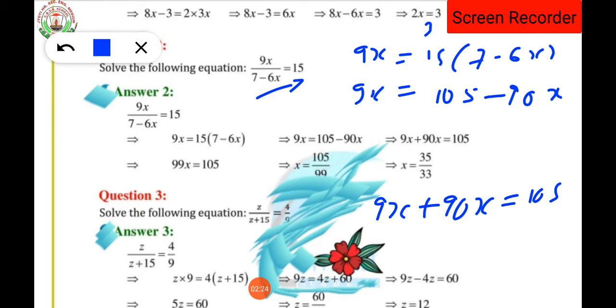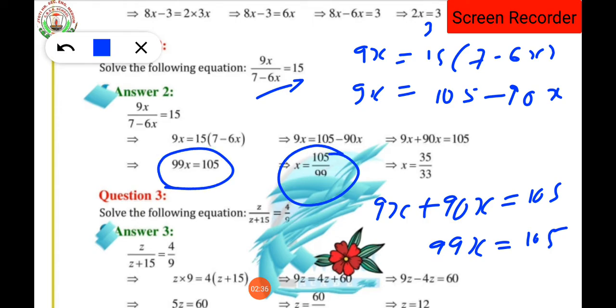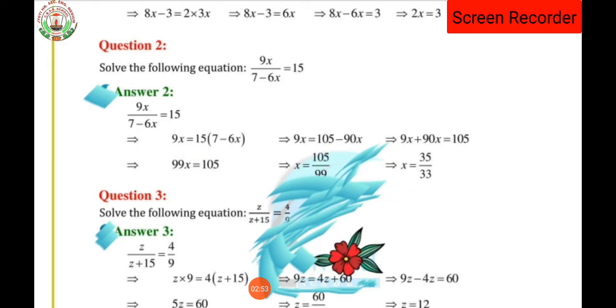Now 9x plus 9x plus 90 will become how much? It will become 99x is equal to 105. Now dividing by 99, x is equal to 105 upon 99. It will be cancelled by the table of 3. So 105 upon 99, we will get the answer as x is equal to 35 upon 33.